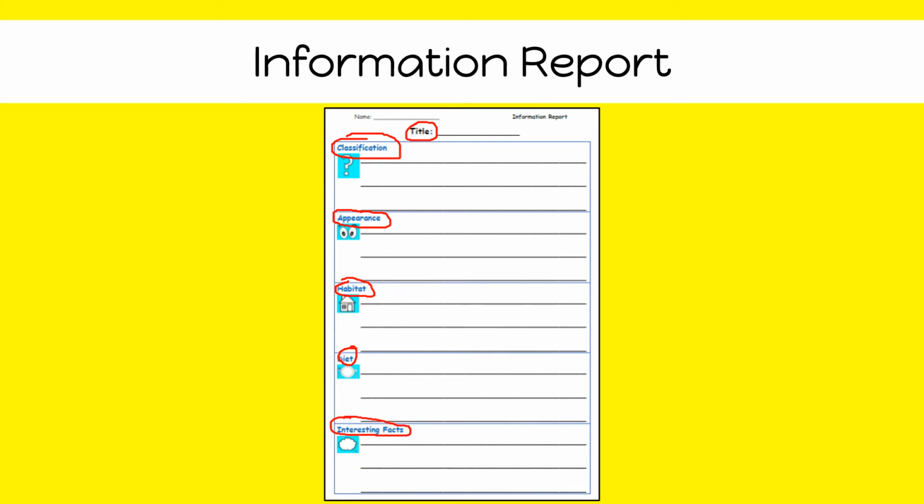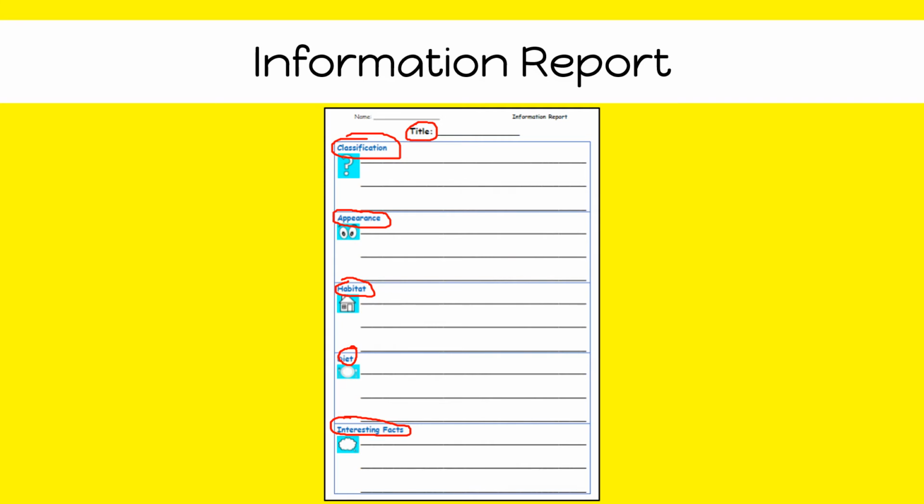So this is the order that we are going to follow again, just like we did for our lion information report, except you are going to be now writing your report about your own chosen Australian animal. So on the next slide, I'm going to show you an example of an information report I wrote using my gathered information about kangaroos.